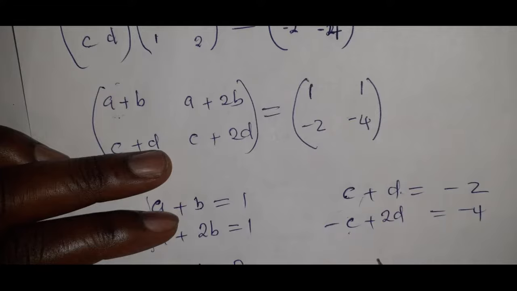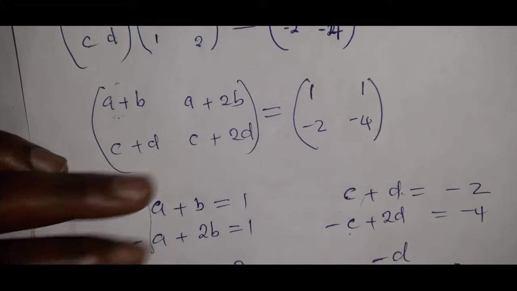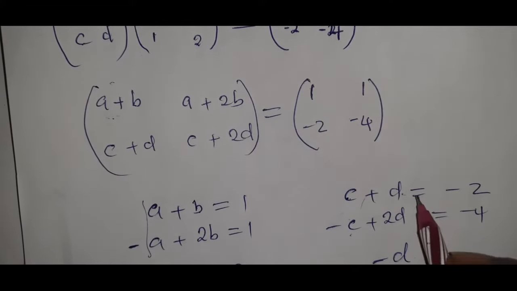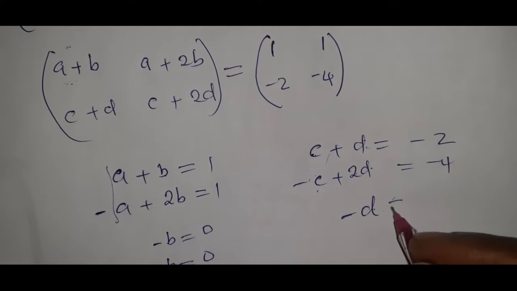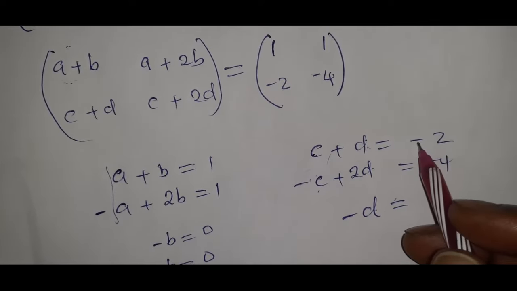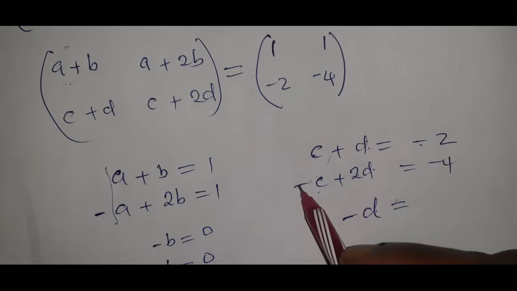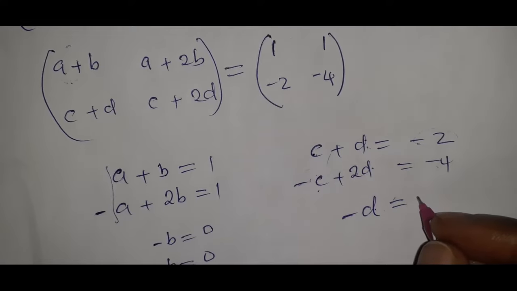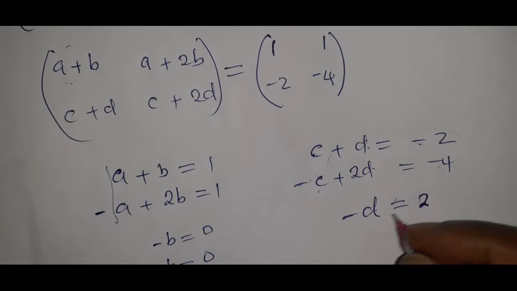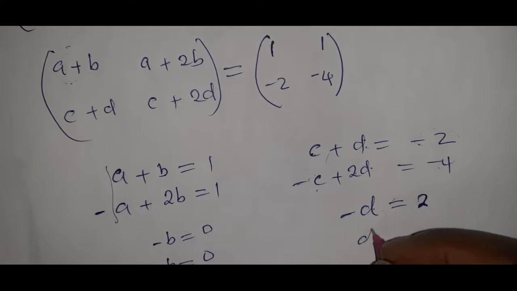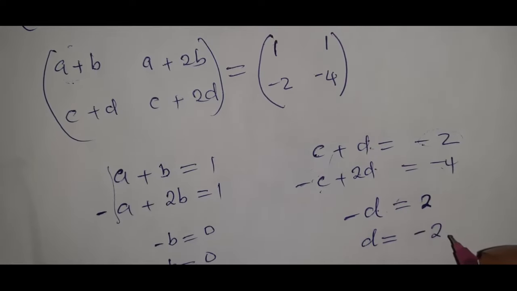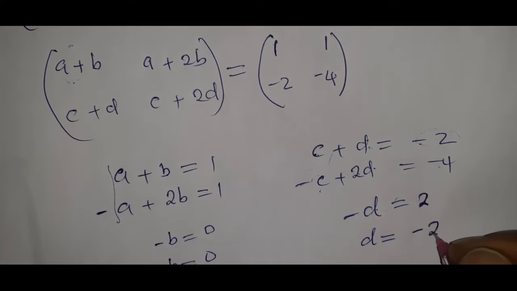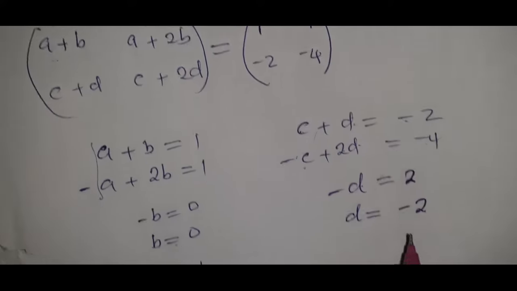This is going to give us minus D, minus 2D. Then this is giving us -2 minus -4, which is going to give us 2 here. So you divide both sides by a negative. D is equal to -2.